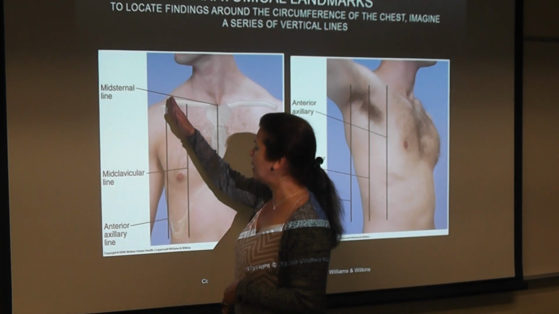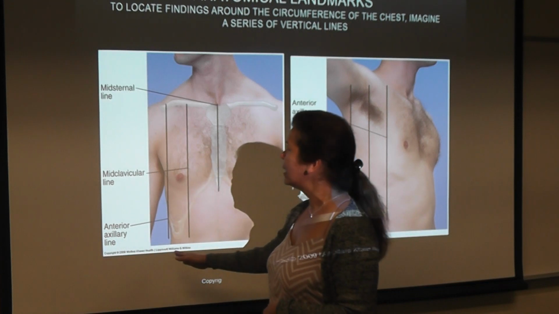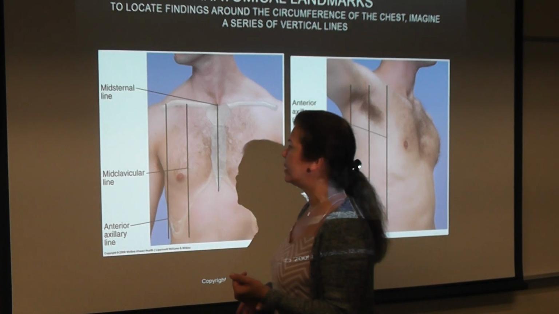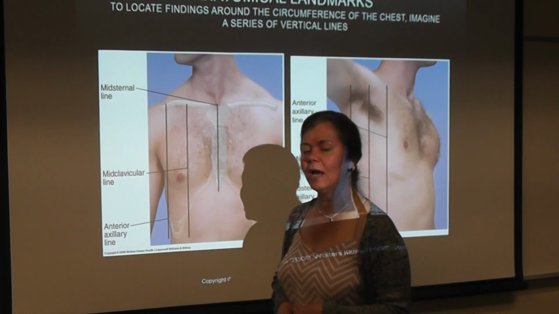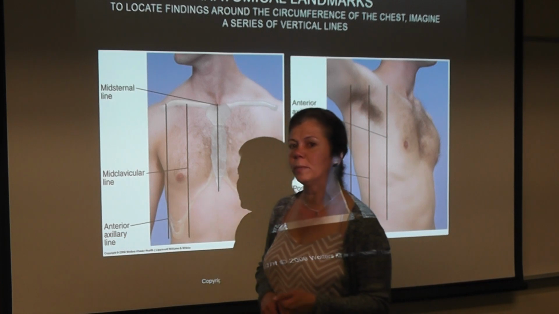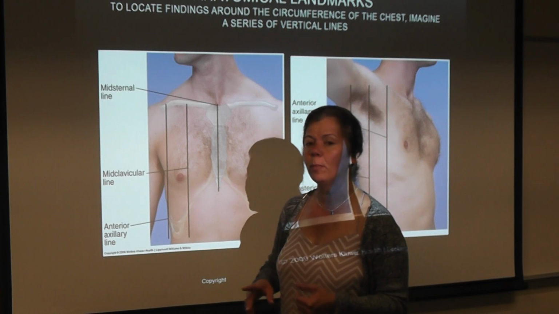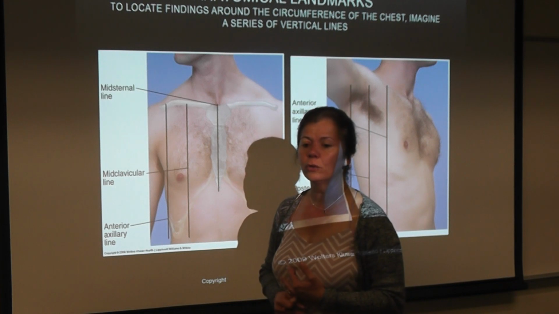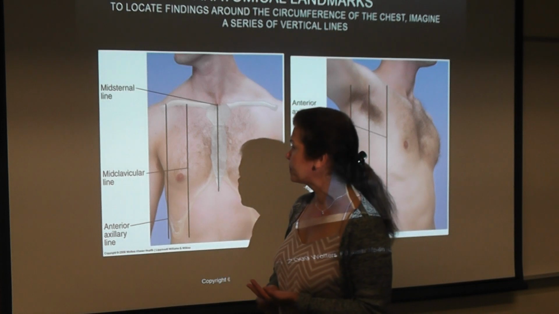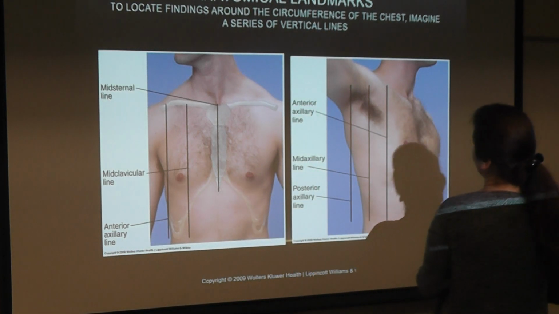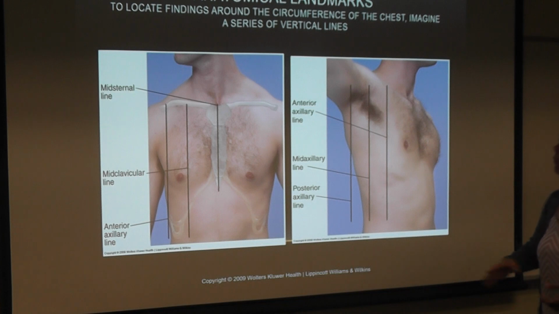Then you have the anterior axillary line, where you can insert a chest tube at the level of the fourth intercostal space when the patients have, for example, pleural effusions, and also when the patients have large pneumothoraxes. Okay. Then we have the lateral view.